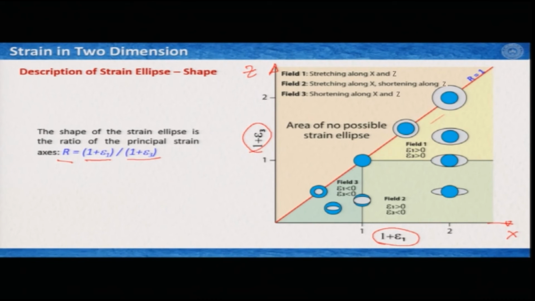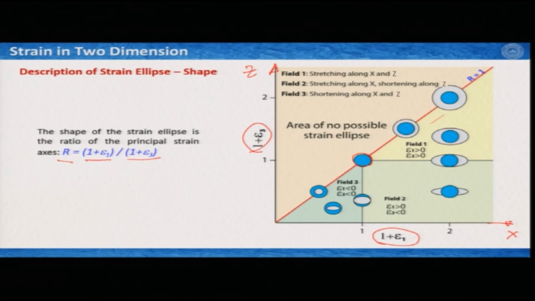That means along this line no ellipse would be produced, because your long axis and short axis have similar values. So where 1 plus E3 and 1 plus E1 are 1, it would be a circle.